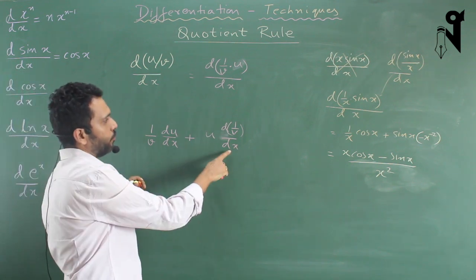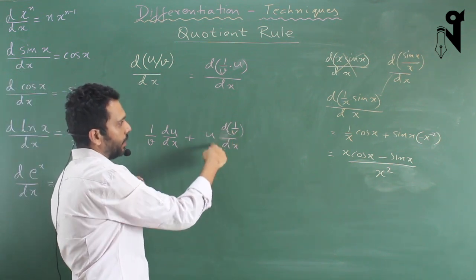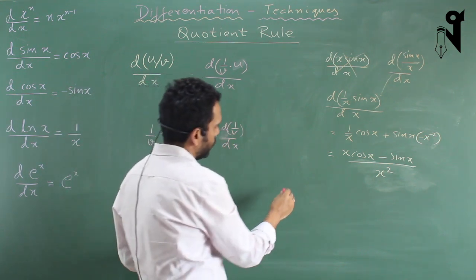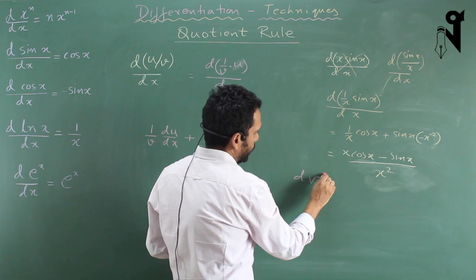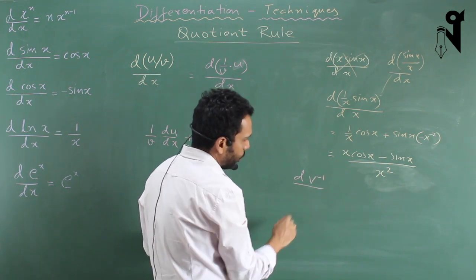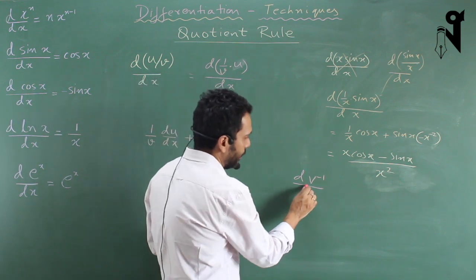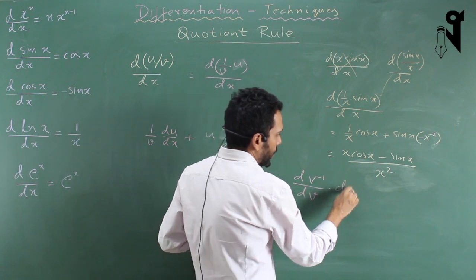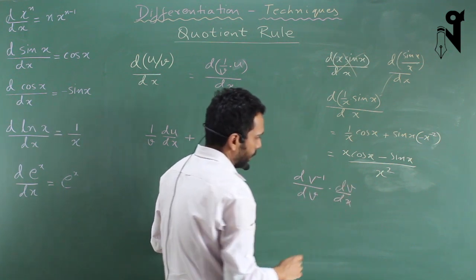Now for d of 1 by v by dx, I can apply a chain rule over here. I'll do that over here so that this doesn't become long. d of 1 by v is d of v power minus 1 by dx, but we wish it was by dv. So if I put my wish over here, I'll remove the wish and put x back.